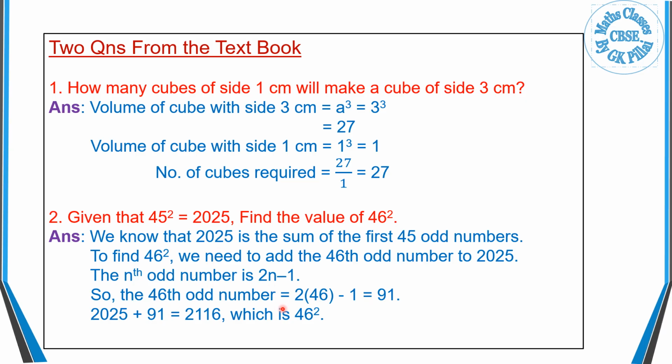So the 46th odd number will be 2 into 46 minus 1. That will be 91. We will add 91 with 2025. That is 2116. This is the square of the number 46. So you should be knowing this type of sums.